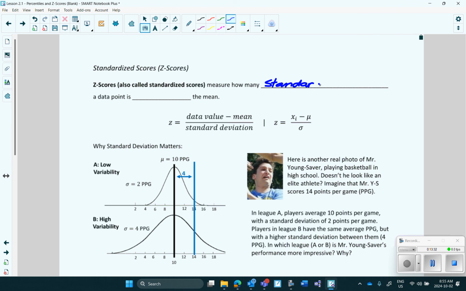So what we do is we do a certain calculation that tells us, okay, how many standard deviations is this data value above or below the mean?